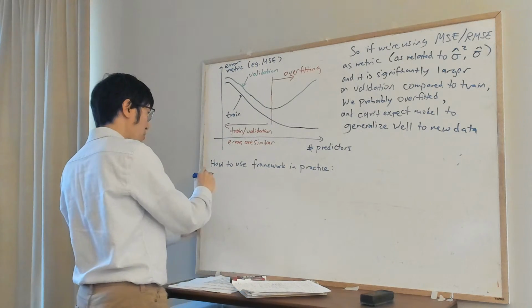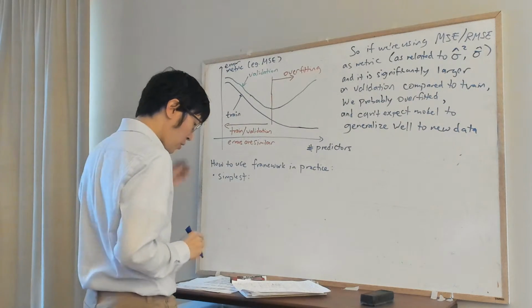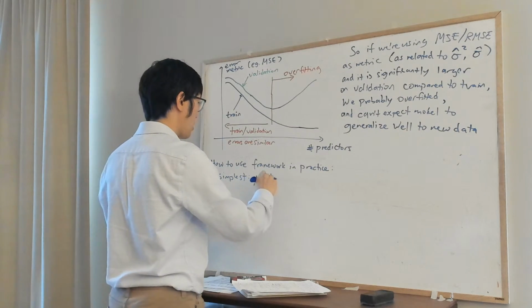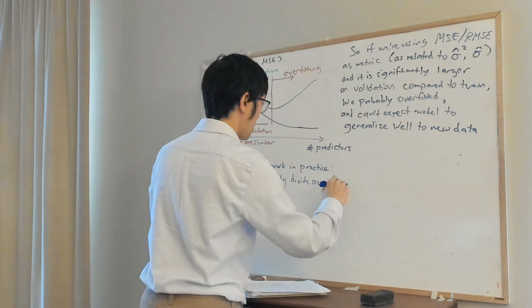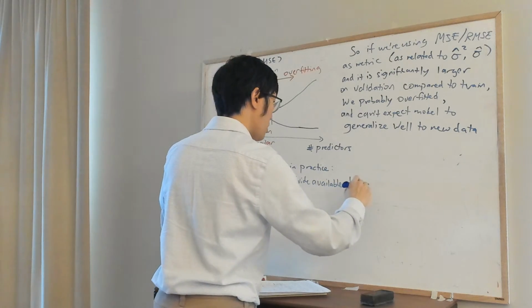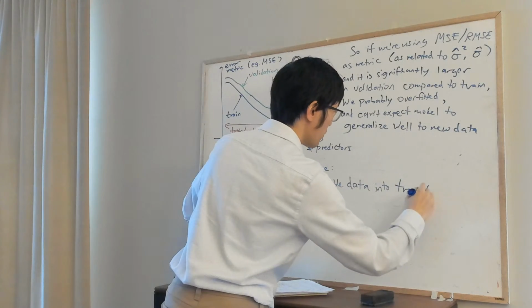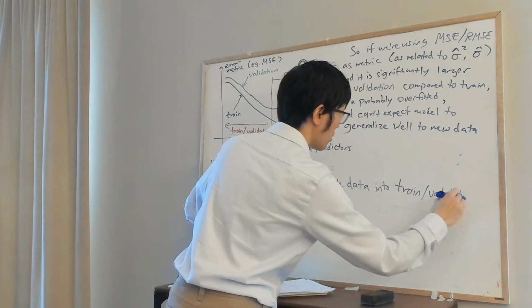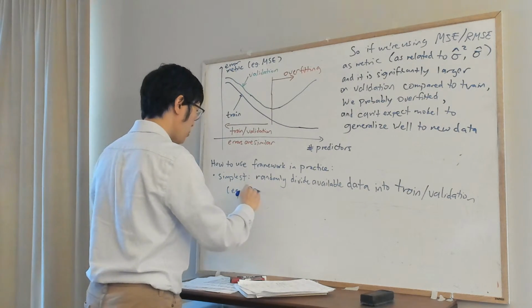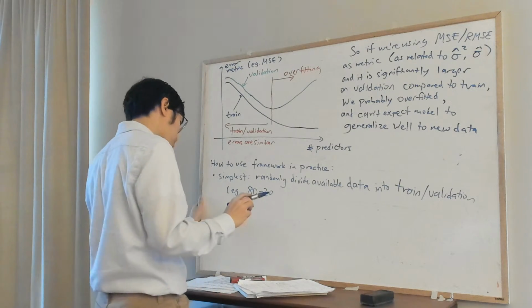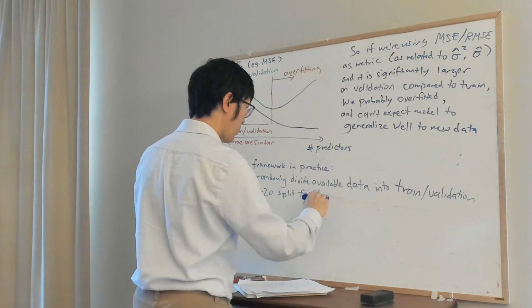The simplest way is to randomly divide our available data into train and validation, for example, an 80-20 split for training and validation.